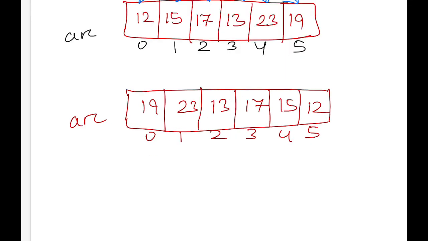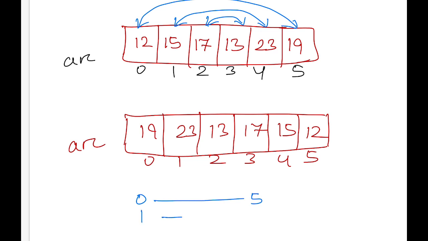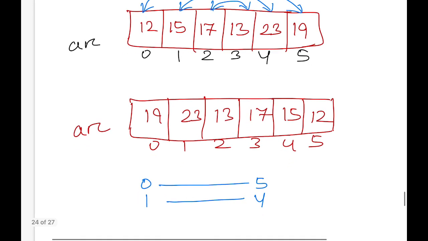Here you can observe we are swapping the element that is at index 0 with the element that is at index 5. Similarly, the element at index 1 with the element at index 4. Then we are also swapping the element at index 2 with the element at index 3.